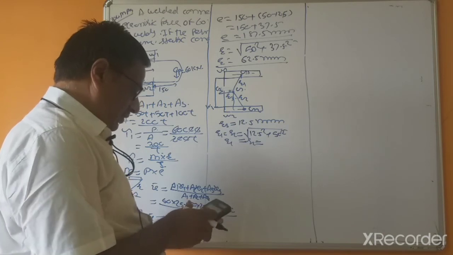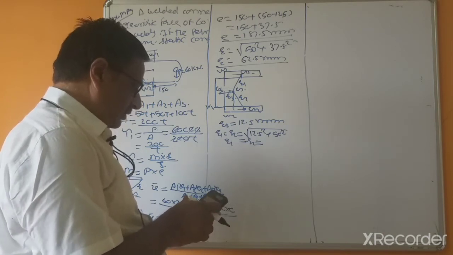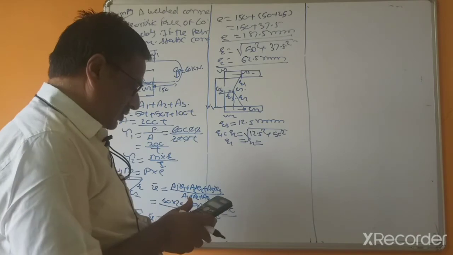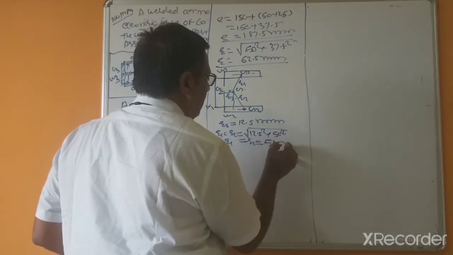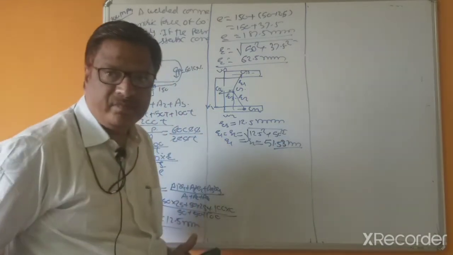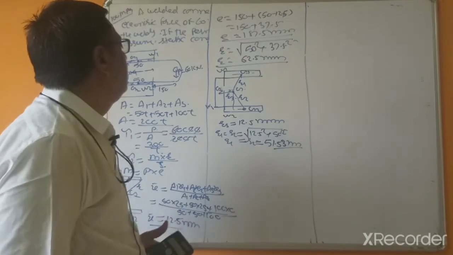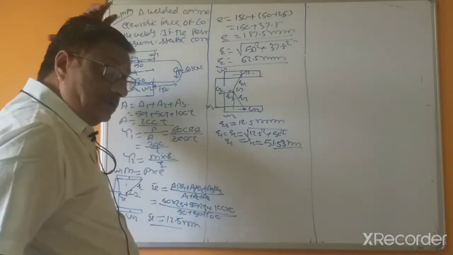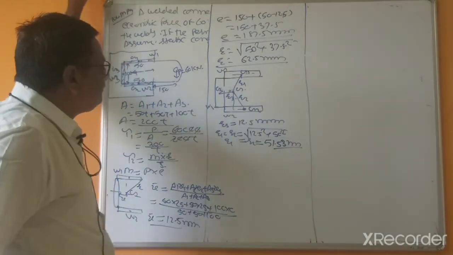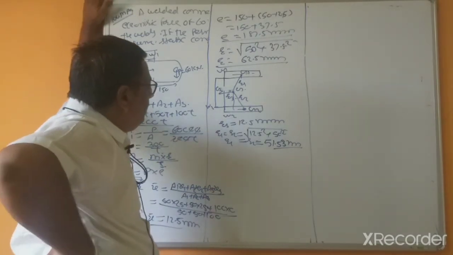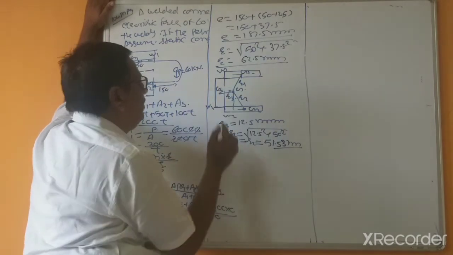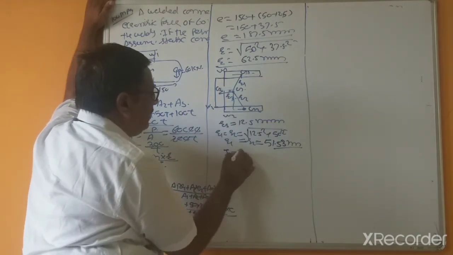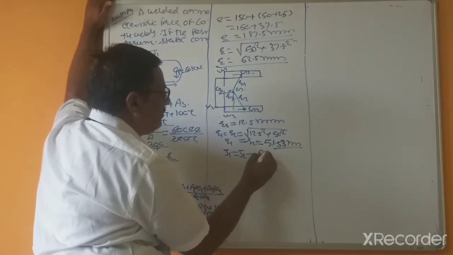R1 equal to R2 equal to 12.5 squared plus 50 squared, under root, 51.53 mm. Now calculate the polar moment of inertia. So for J1 equal to J2, what is the formula?